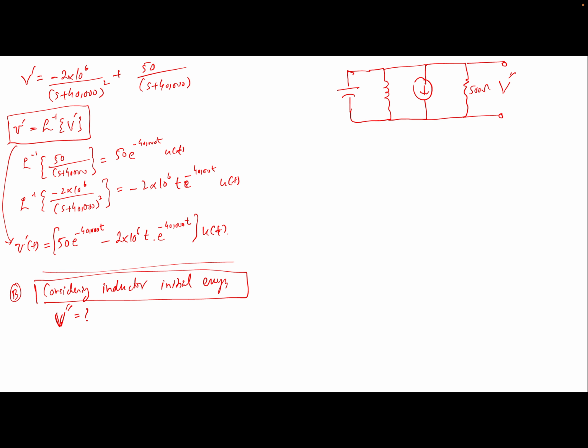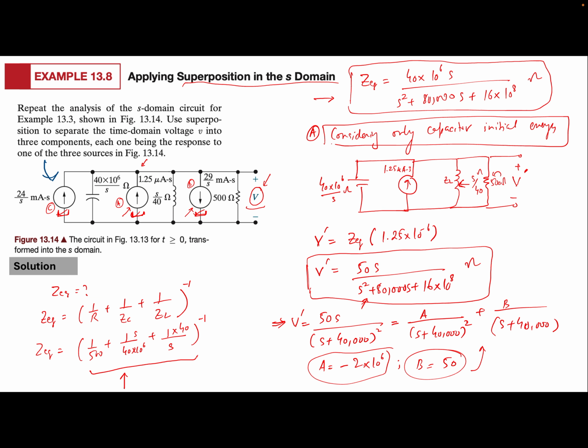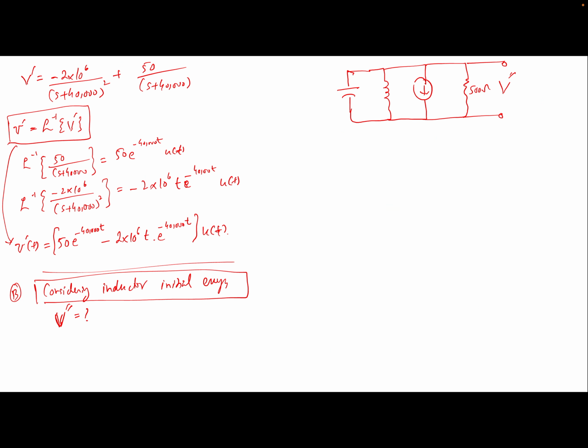Again, this was resistor, and the current was over here, this is B, 29 over S milliamp second. The inductor was S over 40 ohms, and the capacitor was 40 times 10 to the 6 over S ohms. Okay, great.